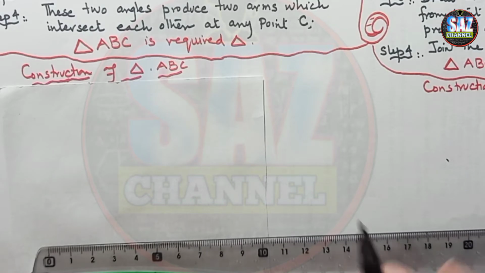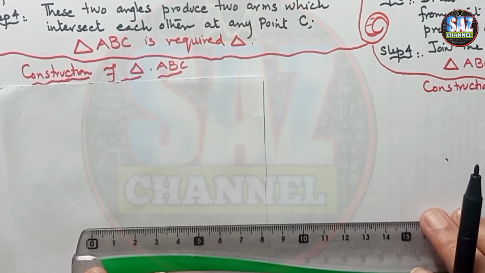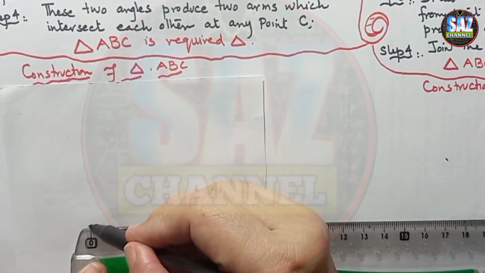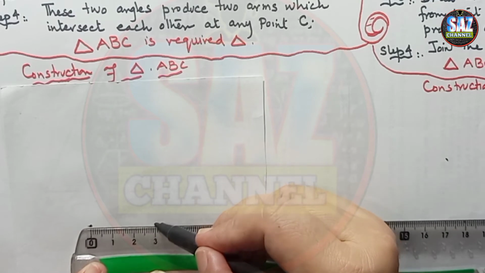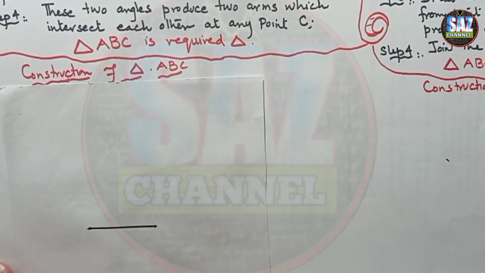We have to stick to the measurements which are given in the question. As AB is 3 centimeters, I have to draw a line segment AB of 3 centimeters. Okay, and now I have to mark the end points, and then write the measurement as well.